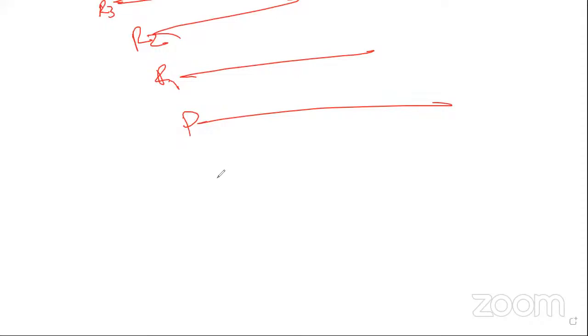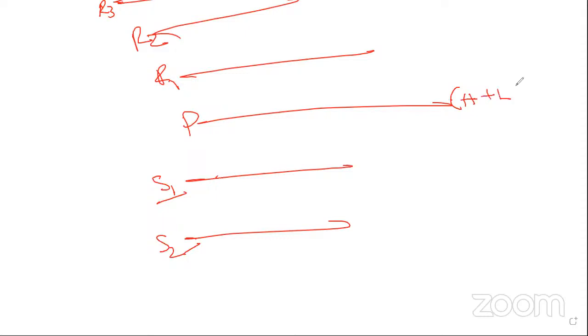Then below, it will have support 1 and support 2. Now, how are these calculated? Now you have understood the pivot: pivot equals the high plus the low plus the close divided by 3.